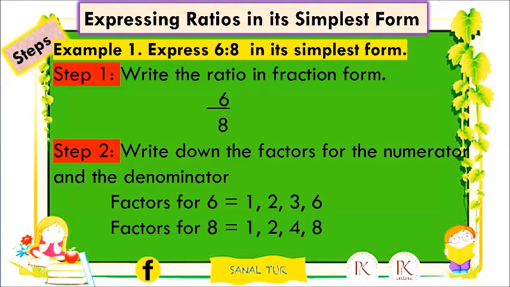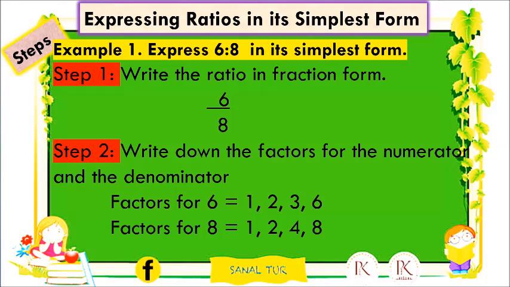Step 2, write down the factors for the numerator and the denominator. We have mentioned factors a while back. When we say factors, I repeat, these are the numbers that you multiply that will give you the product, in this case 6.